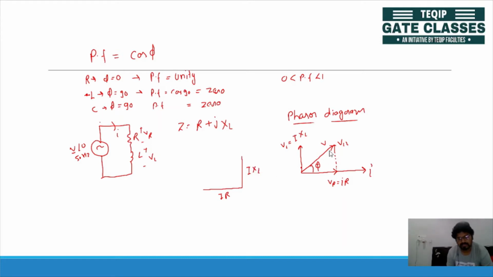And V is equal to what? I into Z, where Z means the total impedance that you have written here, R plus jXL. So this resulting phasor was I into Z, that means it was V, and it was VL, and it was VR.